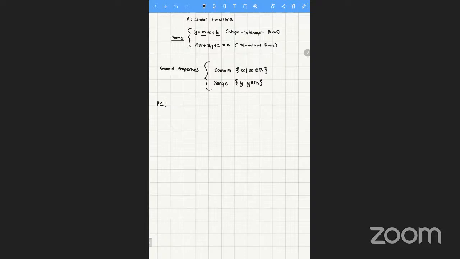Okay, so problem 1 is, I want you to sketch each pair of lines on the same grid. Okay, so first one we're going to do is y is equal to 2/3x plus 1, and y is equal to negative 3/4x minus 5.